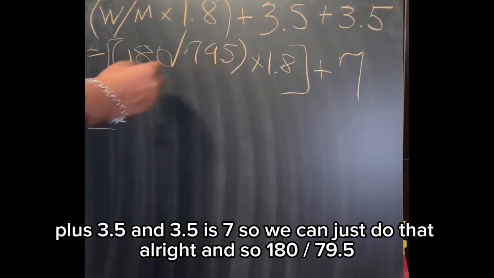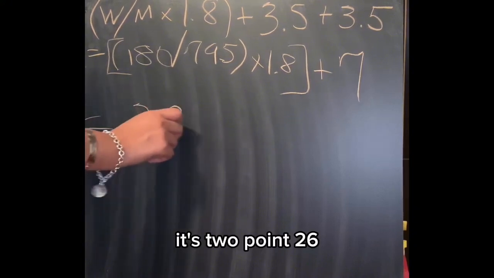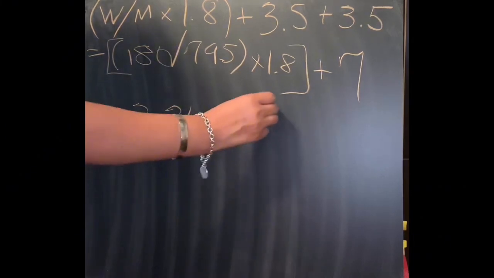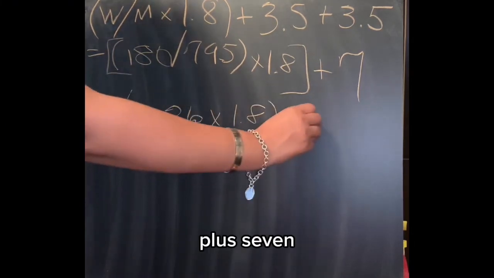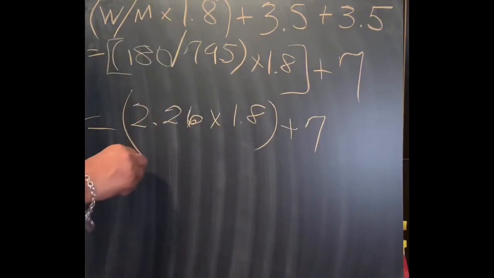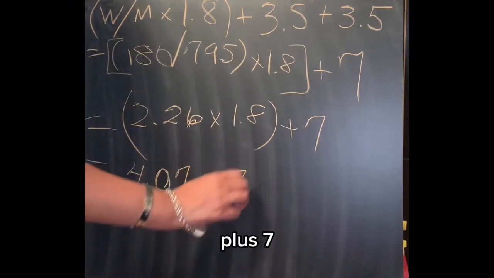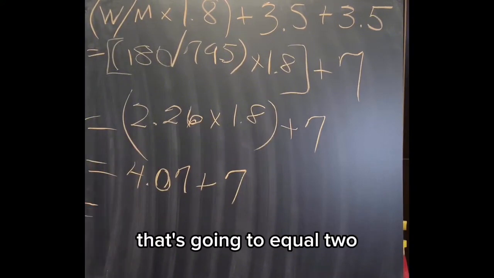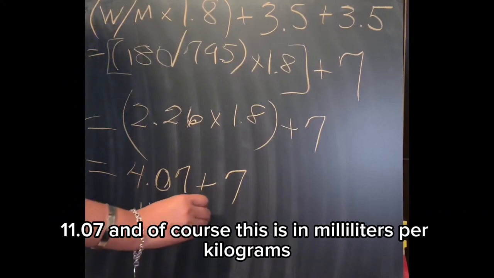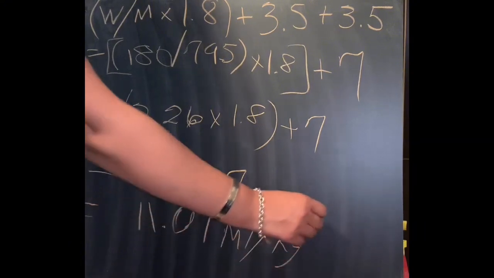All right, and so 180 divided by 79.5 is 2.26, times that 1.8, plus 7. Then 2.26 times 1.8 is 4.07, plus 7, that's going to equal 11.07. And of course this is in milliliters per kilogram per minute.